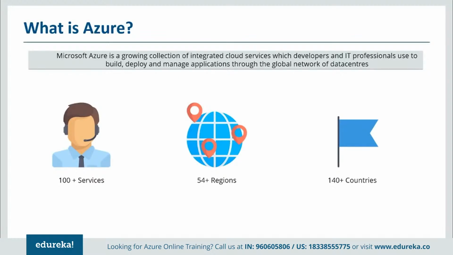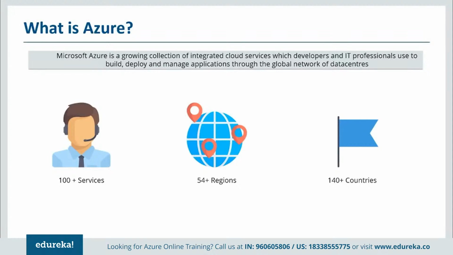It's not just about the different regions in which it is available. It is also about the number of services which are available on these cloud computing platforms. Now, when I say cloud computing platforms, as I said, Azure is not the only one. AWS is there, Google Cloud Provider is there, and there are a few more. So all these different providers are providing us with lots and lots of services. Now, what do we mean by this service?